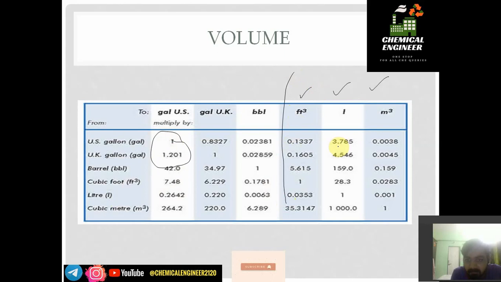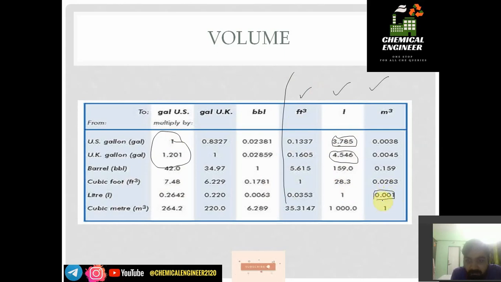1 US gallon is 3.785 liters. 1 UK gallon is 4.546 liters. These two you should remember. Then 1 liter in meter cube is 10 raised to minus 3.